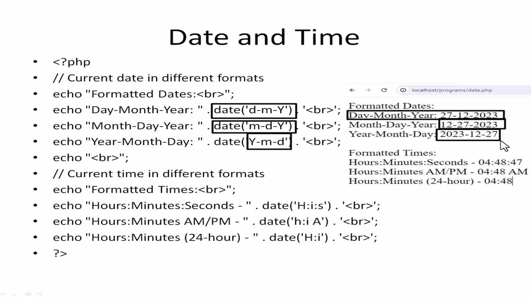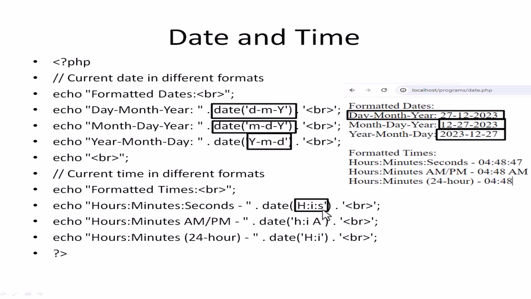For example, you will have hour, minutes and seconds. Minutes is given by I. So here you use hour, minutes given by I and seconds given by S. So it is going to give the hour, minutes and seconds.